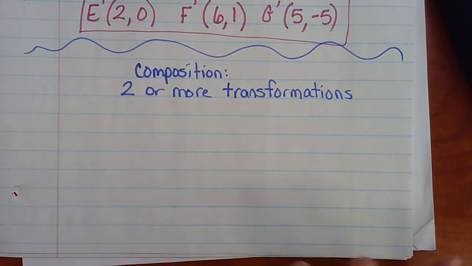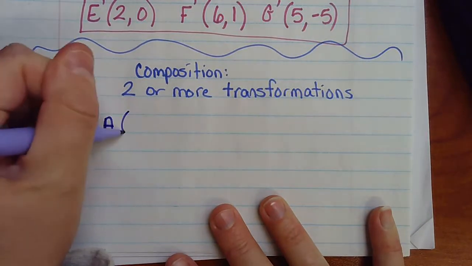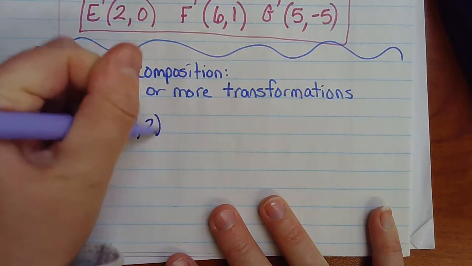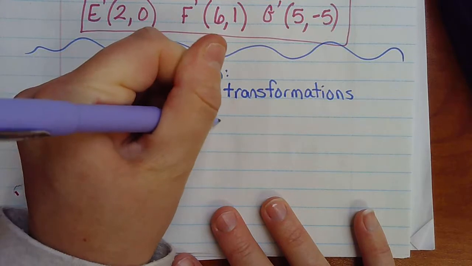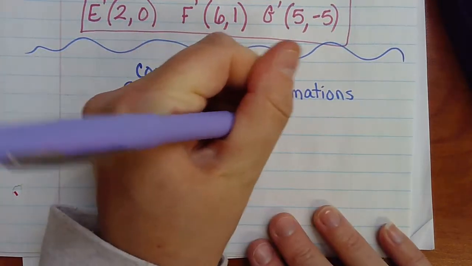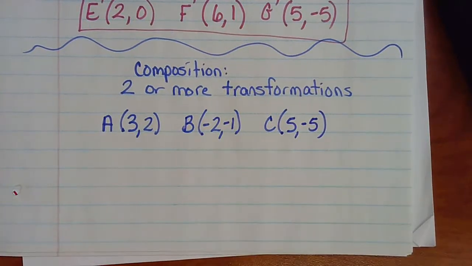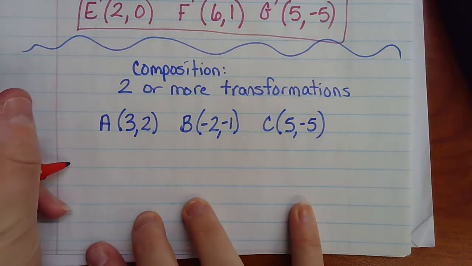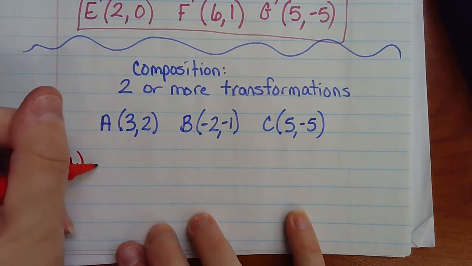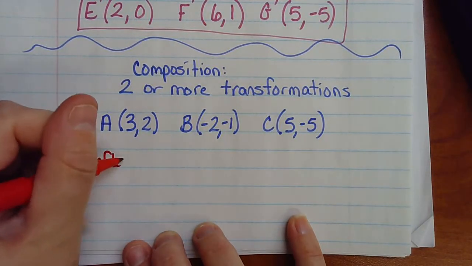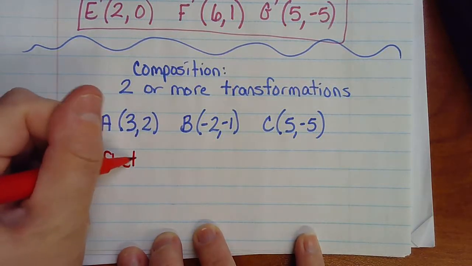So we are going to start with the points A at 3, 2, B at -2, -1, and C at 5, -5. So those are our original starting points. 3, 2, -2, -1, 5, -5. And we're going to do the composition where we're going to start by doing a reflection. I know, blast from the past, blast from Monday.